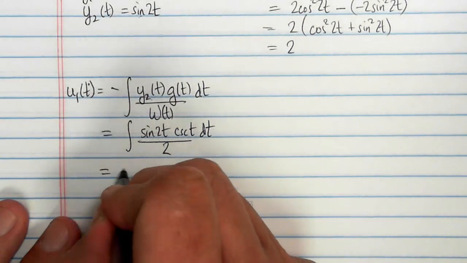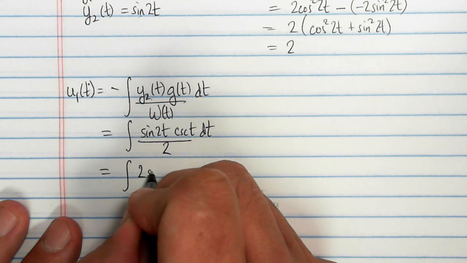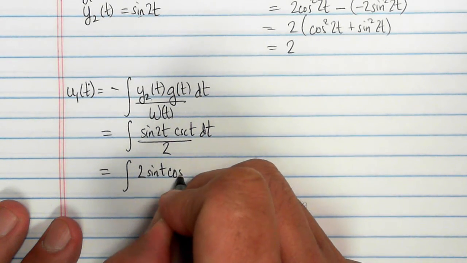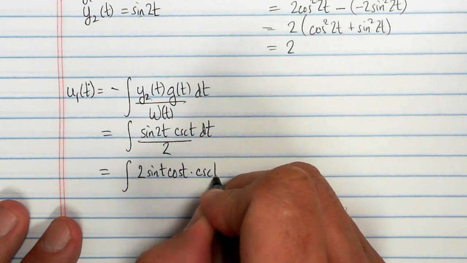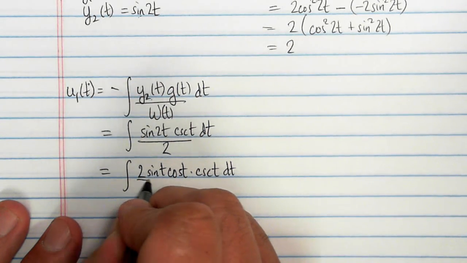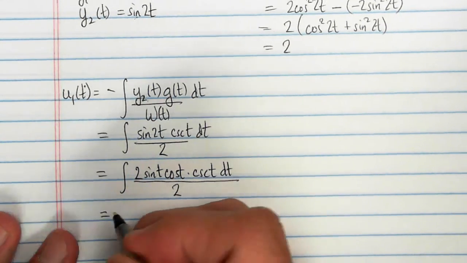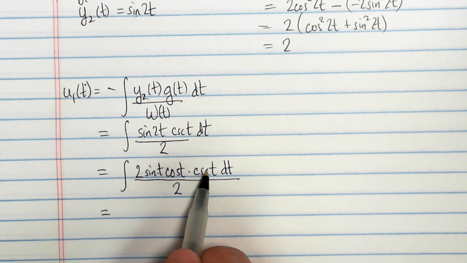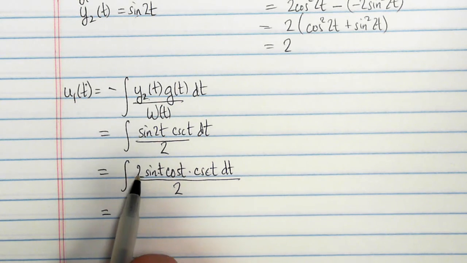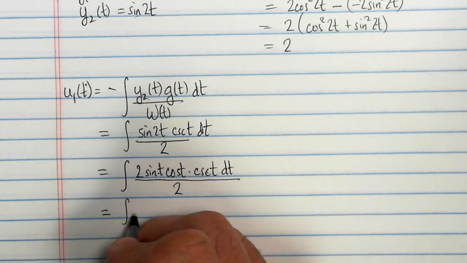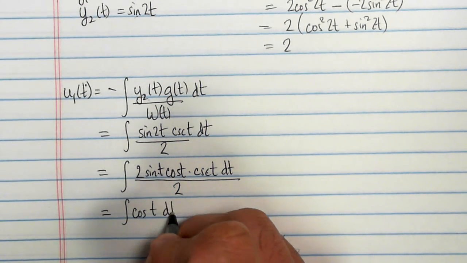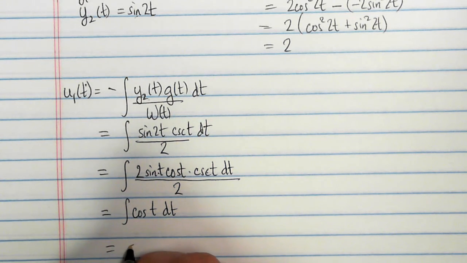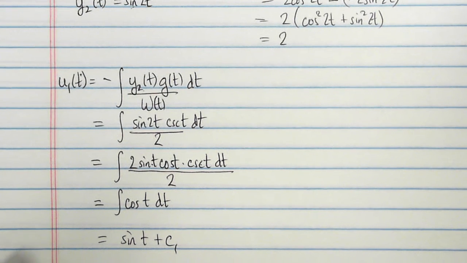So to do this integral, I first start with a trig identity, 2 sine t cosine t times cosecant of t dt divided by 2. Now sine of t times cosecant of t is 1. Those are inverse functions, or inverses of each other. The 2's cancel, so I get integral of cosine of t dt, so I get simply sine of t plus my first constant c1.